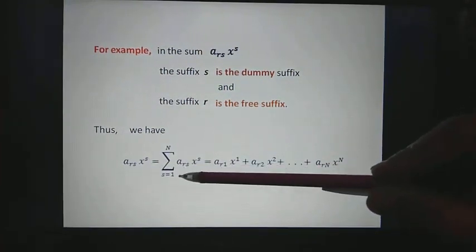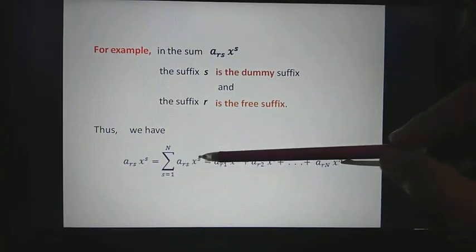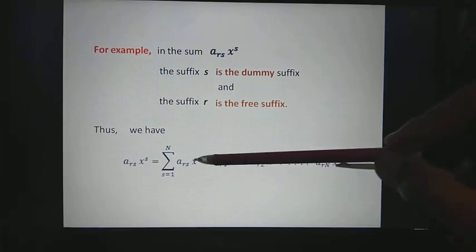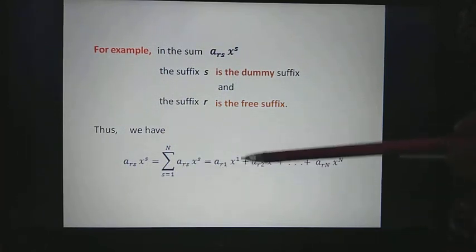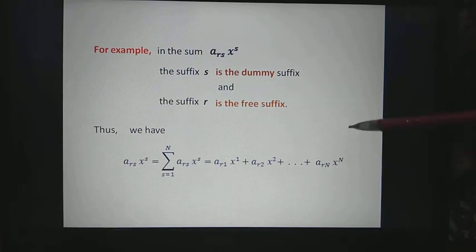On taking the values of s as 1, 2, 3 and so on up to n, this sum is ar1 x1 plus ar2 x2 plus and so on, arn xn. So in this way we can write the sum without using sigma notation. This is the Einstein summation convention.